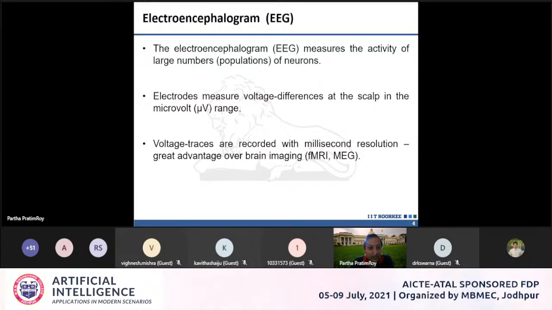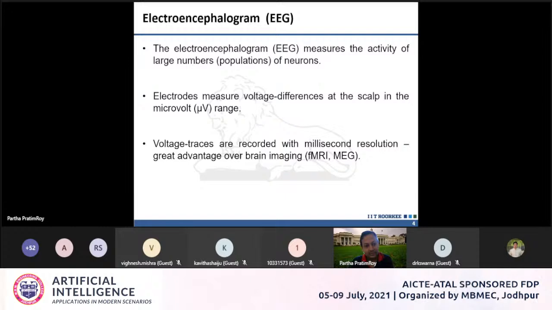As you know from the neural networks you have studied, one neuron sends information to other neurons. It is actually a biological neuron. You have so many neurons in the brain exchanging information from one neuron to another, and when they exchange that information, there is some change in the voltage.